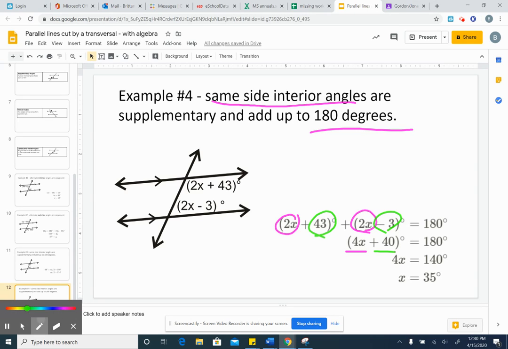Now the only thing you can do here is subtract 40 from both sides. Okay, they cancel. You're left with a 4x equals 140. Now you can isolate your variable by dividing by 4, and you get x equals 35 degrees. That is your answer. I hope this helped.